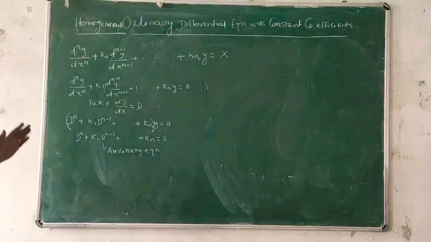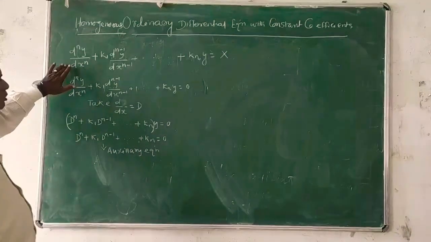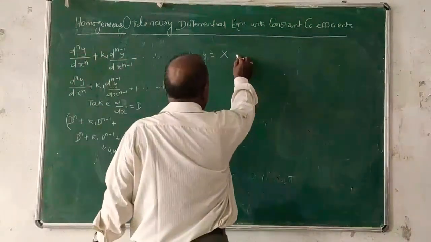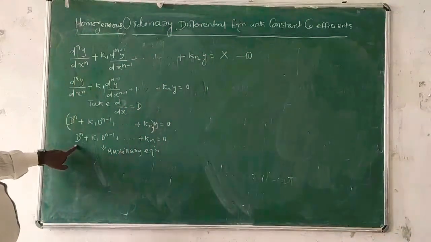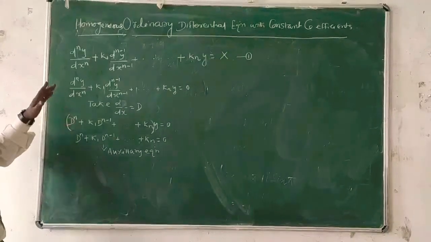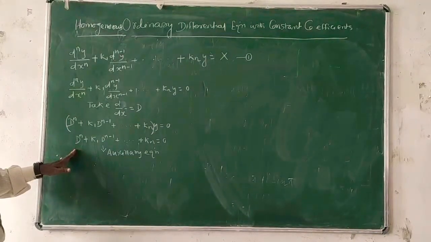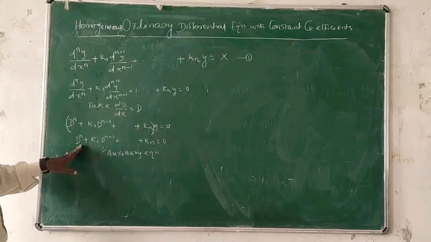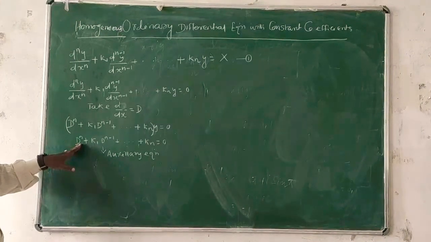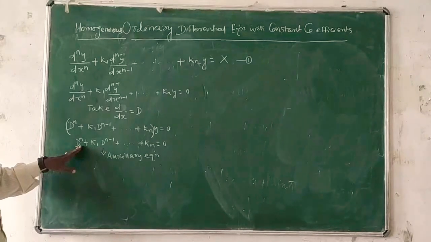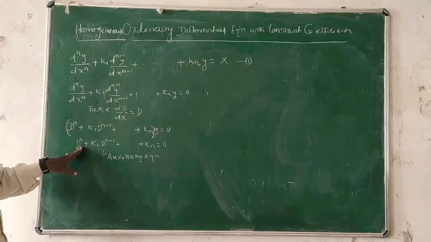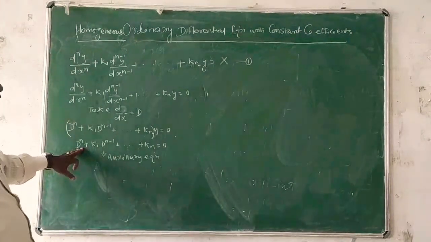Now in order to solve this type of differential equation, I have taken the left hand side equal to 0. So first of all you take it like this, and the solution of this left hand side is called the complementary function, and the solution of the right hand side is called the particular integral.